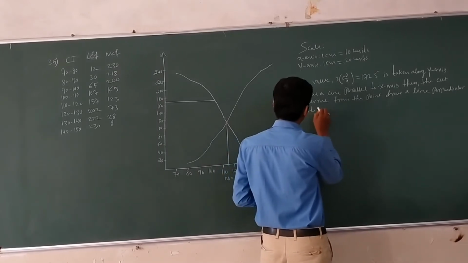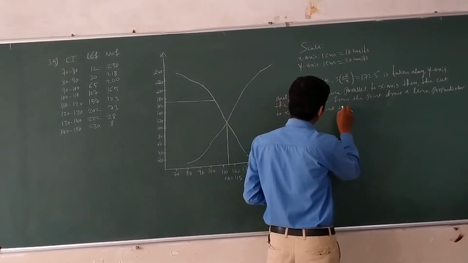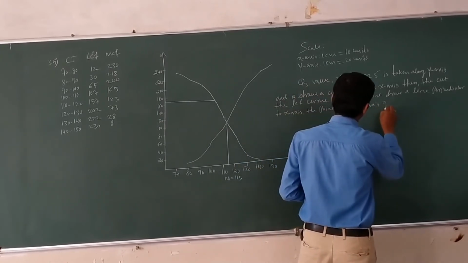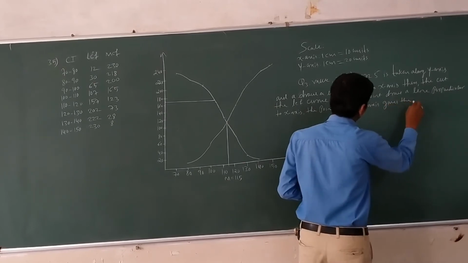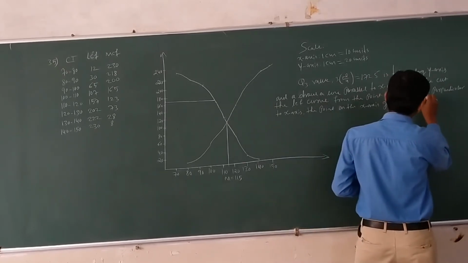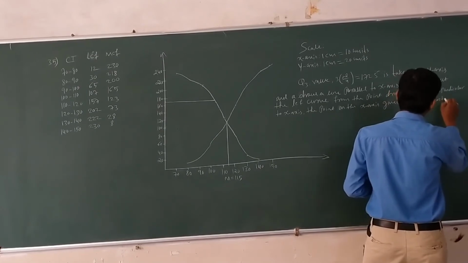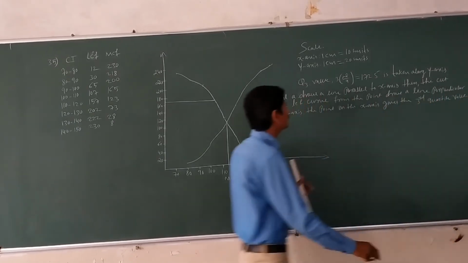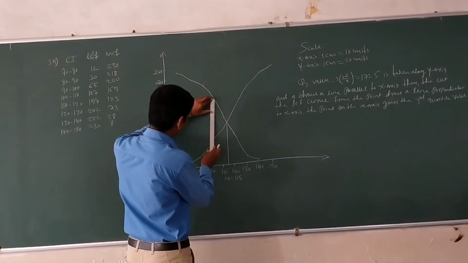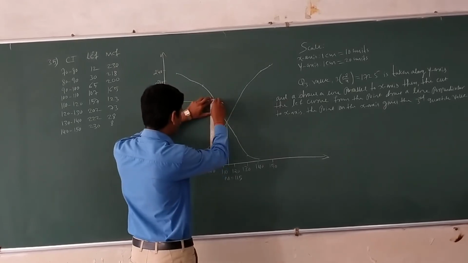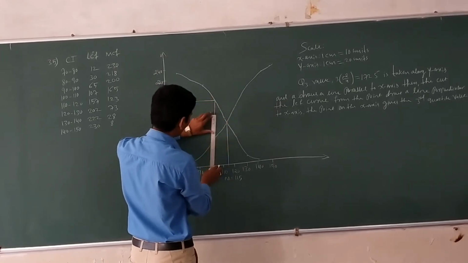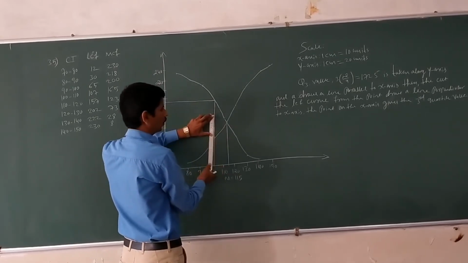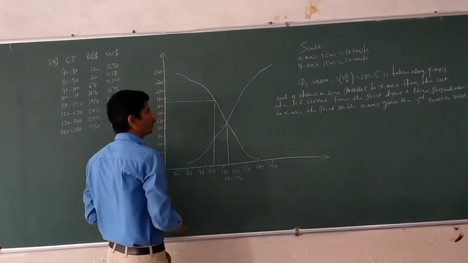The point on the x-axis gives the third quartile value, that is the Q3 value.